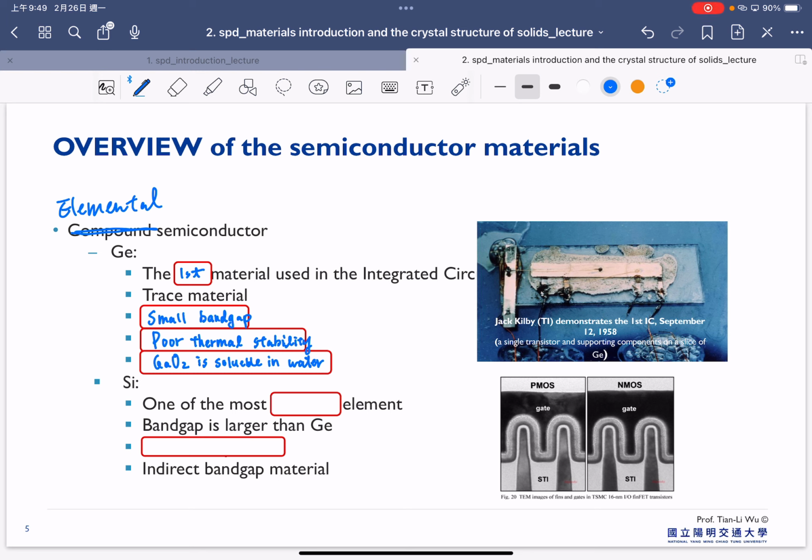But unfortunately, germanium is not very stable. That's why later on, when people found silicon, silicon became dominant in the semiconductor industry. This is for the following few reasons. The first one, silicon is one of the most common elements.